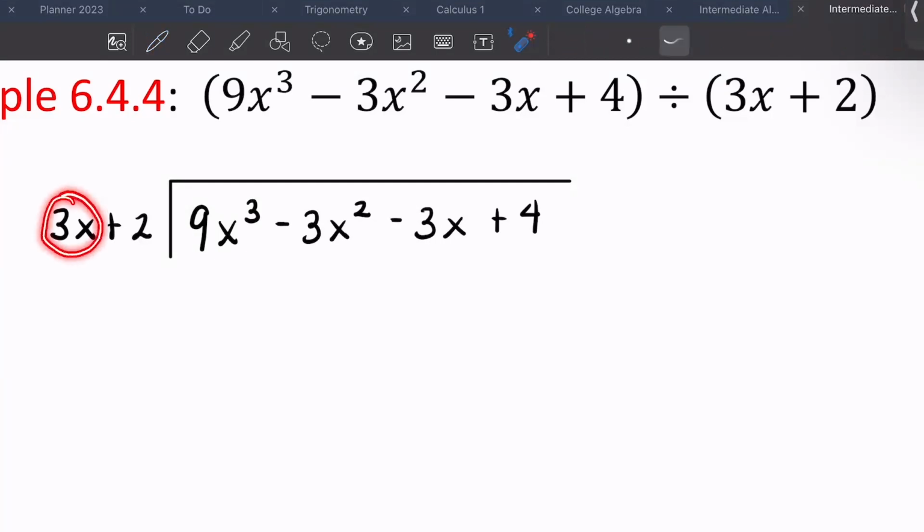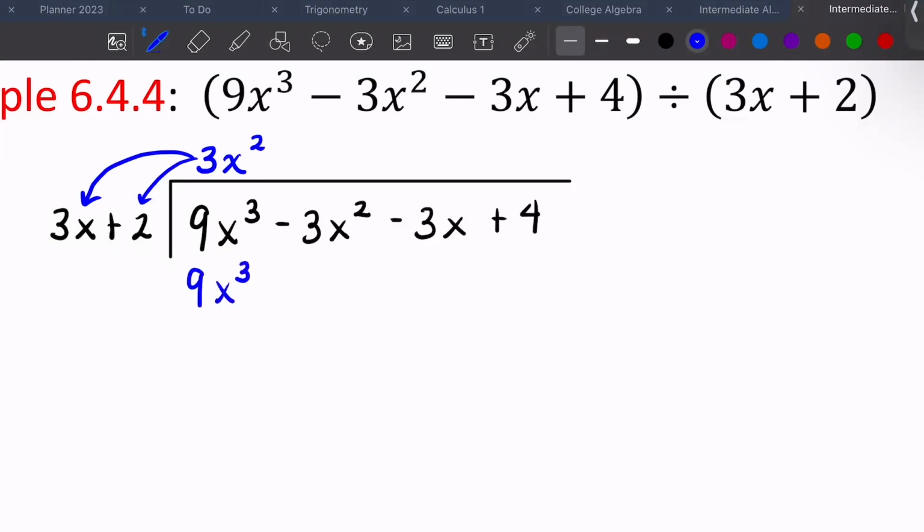What do I need to multiply this by to get this? Okay, I'm going to give you a second to think. 3x, and we want 9x cubed, so we need to multiply by 3. That gives us 9x squared, right? 3x squared times 3x is 9x cubed. Then you multiply.